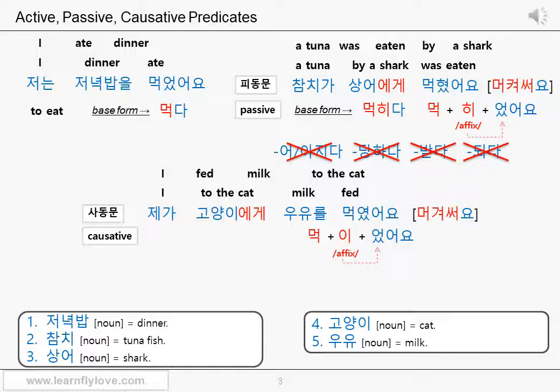And as we told you, if it's too complicated, you don't have to think about the process or grammar. And just memorize that 먹이다 is the causative form of the verb 먹다. Or 먹이다 is the translation of the English verb feed. Okay? Either way is okay, I think, because you need to memorize them anyway.